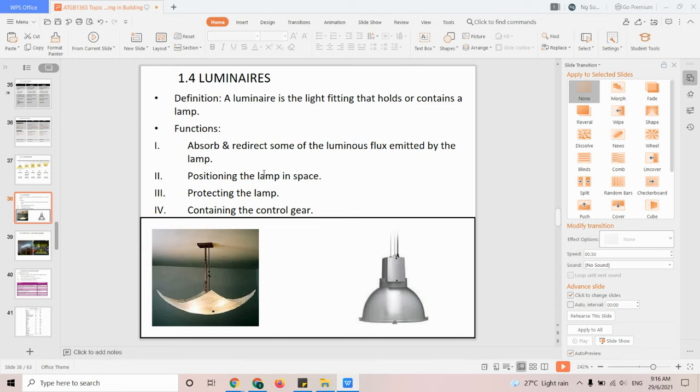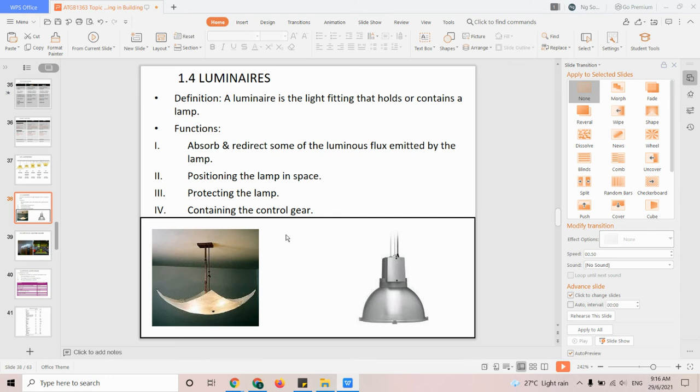We can use it for positioning the lamp in a space, meaning they are hanging. We can use it for protection for the lamp, and also they can have their control gear. In some cases, if you want this lighting system to be mobile, they can be motorized, where this can rotate or move left and right as required.